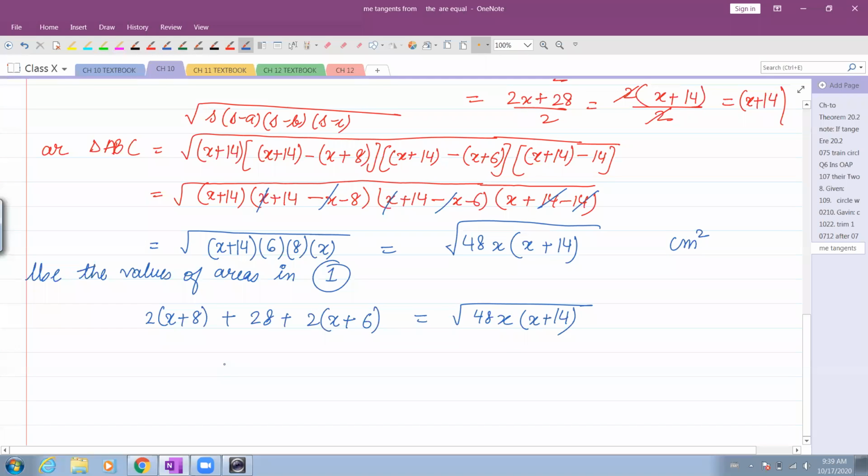On the left hand side, on simplification, you get 4x plus 56 equals to square root of 48x into x plus 14. Let's deal with this square root, square both sides.